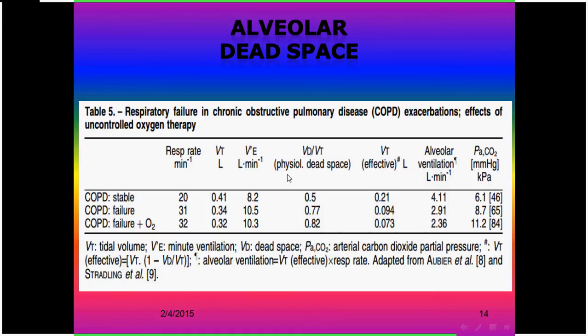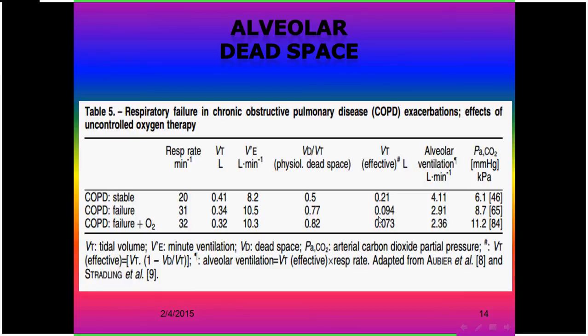So this is increased for sure. The anatomical dead space has not increased, but the alveolar dead space has increased. So when we look at the effective alveolar tidal volume, instead of being 200, which was 50% of 400, now it is 94 ml.